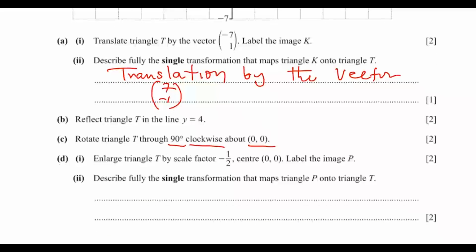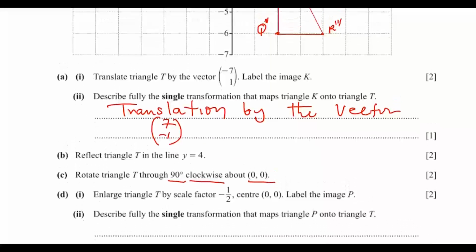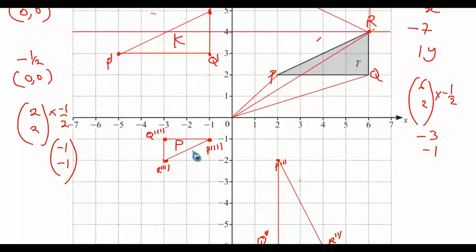Describe fully the single transformation that maps triangle P onto triangle T. Okay, so just like the reverse of the translation, so this will also be enlargement. Okay, but now we are moving from P to T, so that means we need to get the opposite of minus 1 over 2. That is the inverse.